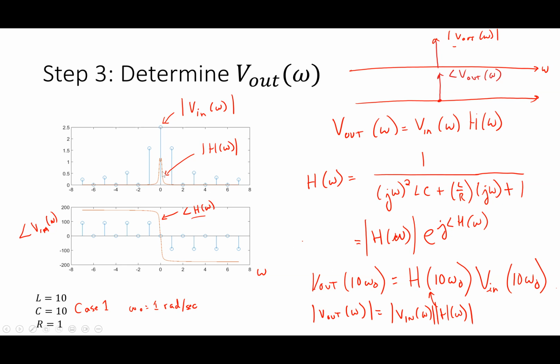So what does that mean then in terms of this picture right here, without doing any math at all, just looking at this visually? What do you expect the magnitude of V out of omega to be at something like here at omega equal to 3? Or at omega equal to 5, or omega equal to 7? What do you expect the magnitude of the output to be at those frequencies?